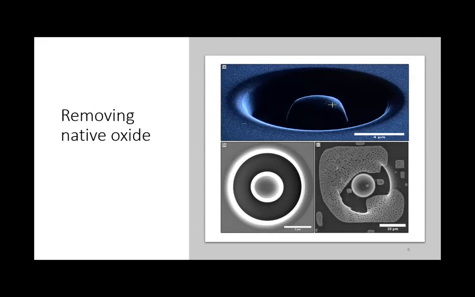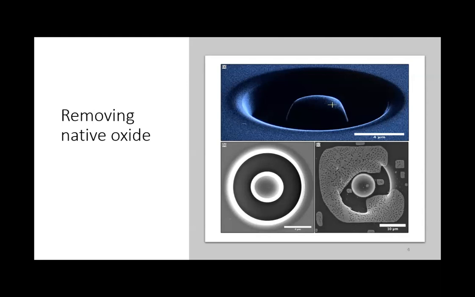In this picture, I used the focused ion beam, and we can use up to 40 kilovolts. We can create shapes, and here you can see we created a donut shape. The inner diameter we used is almost 4 micrometers.